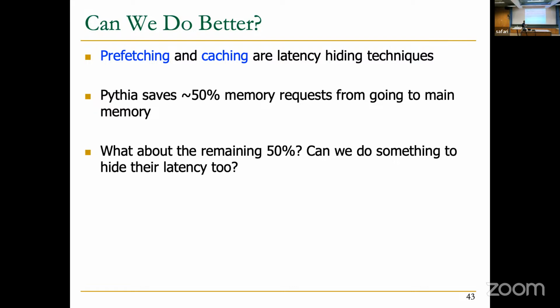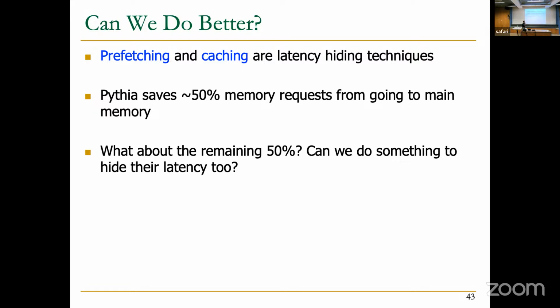They hide latency from the processor's perspective, in the sense that when the processor demands the data, it magically finds it in the cache instead of going all the way to the slower, off chip main memory. So when the processor demands it, it sees less latency.